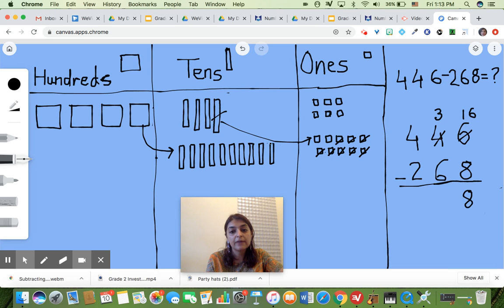So we have 10 tens now, and since this has been regrouped, I'm going to cut it out. So now we have 13 tens.